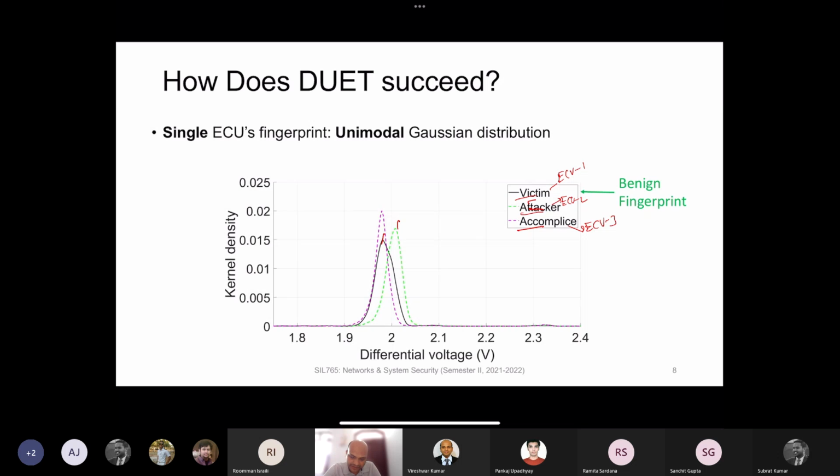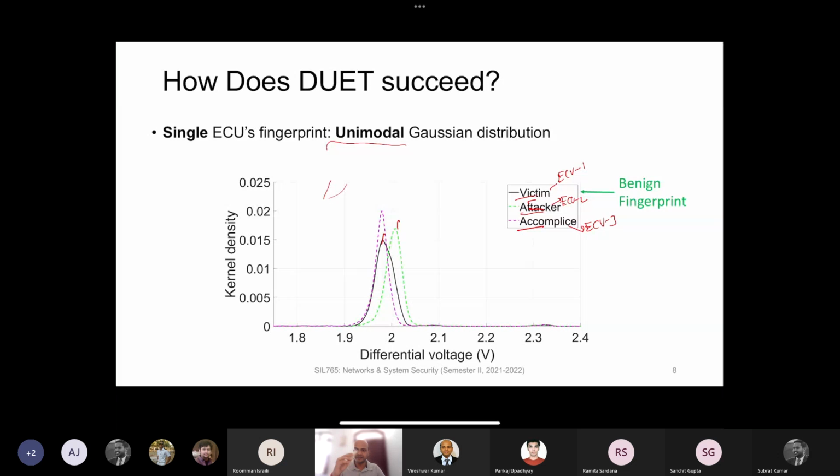But to differentiate between accomplice and victim, the mean may not be a good feature, but there will be some feature, probably variance, or standard deviation, that could be an important one to differentiate between the two. Some feature will work out. Okay, good.